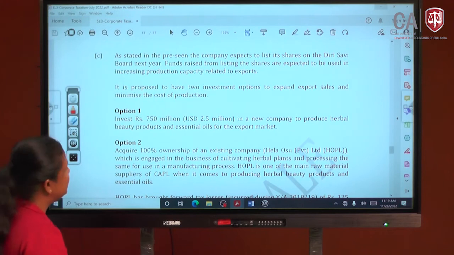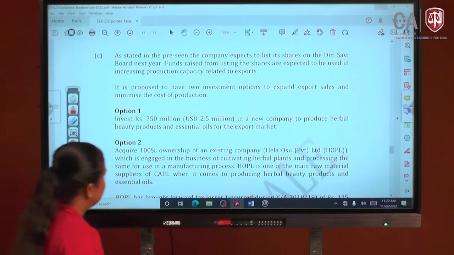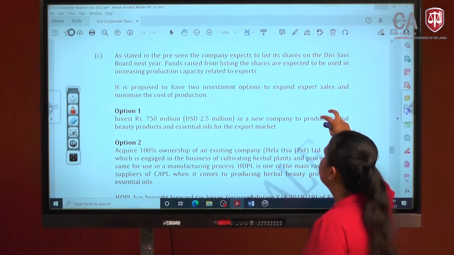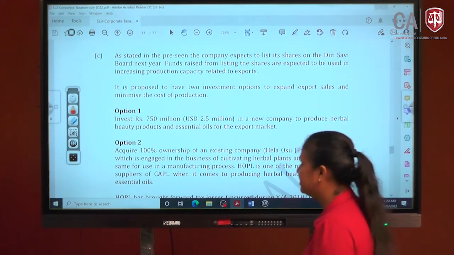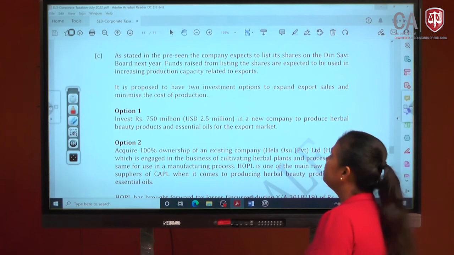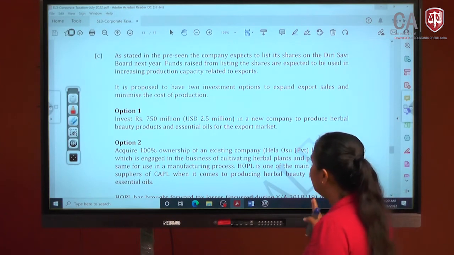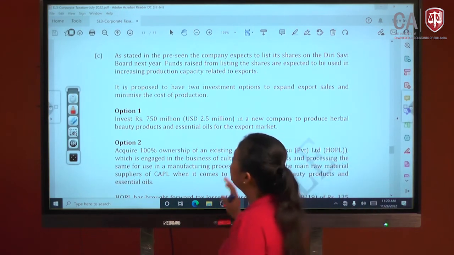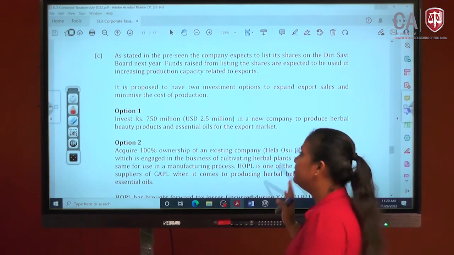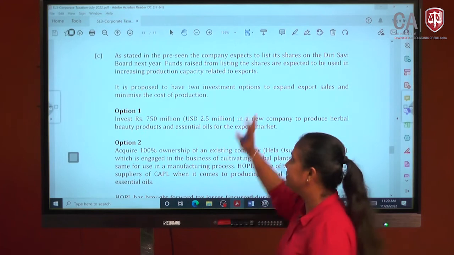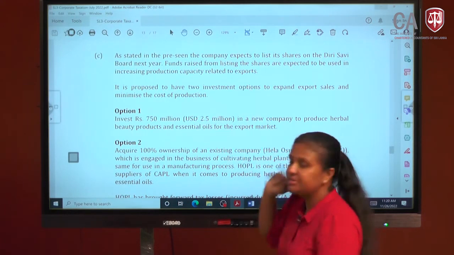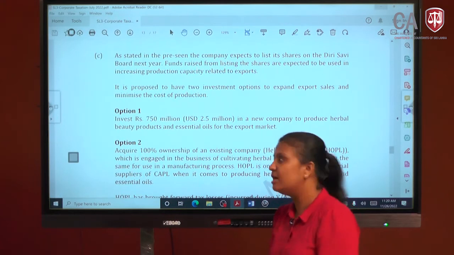As stated in the pre-seen, the company expects to list its shares on the Diri Savi board next year. Fundraising from listing the shares is expected to be used in increasing production capacity related to exports.